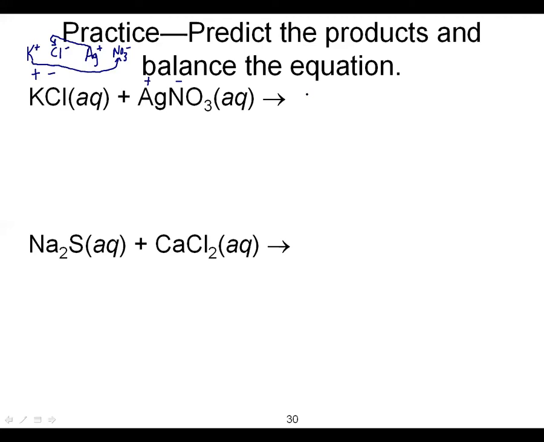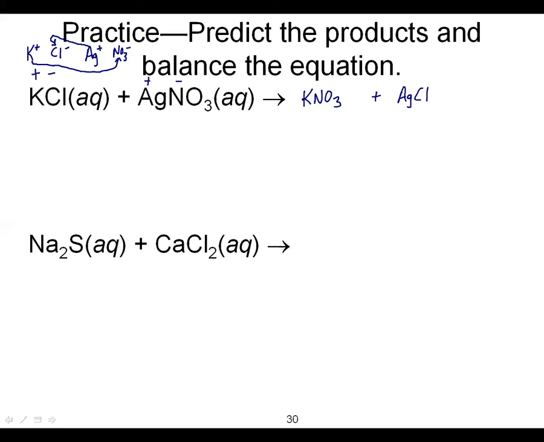K plus and NO3 minus, one of each, gives KNO3. Silver at +1 and chloride at -1, one of each again, gives AgCl. Then we balance it, and in this case it is already balanced: one potassium, one Cl, one silver, and one nitrate on each side.